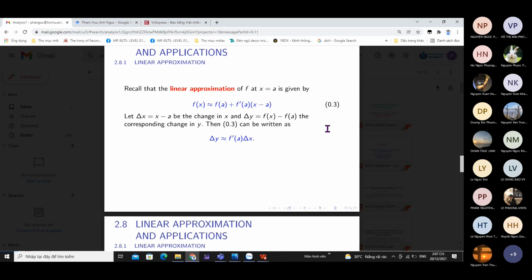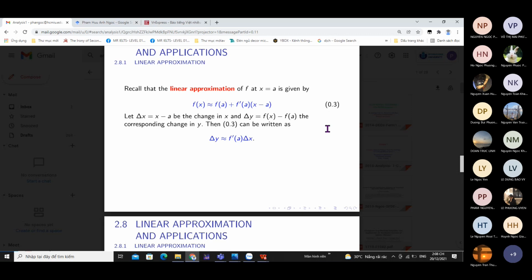So from equation number 3, you have f of x minus f of a approximately f prime of a times (x minus a).